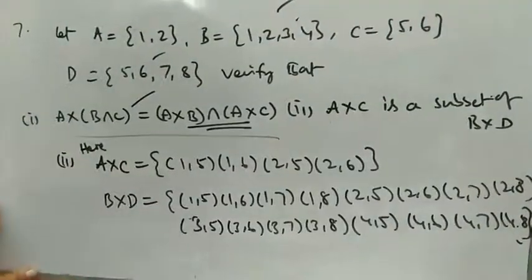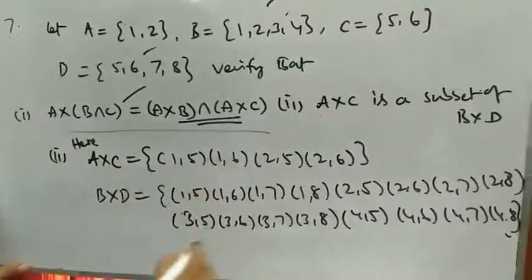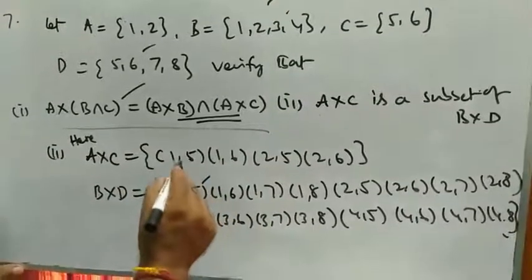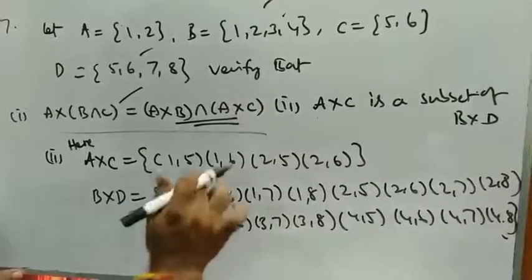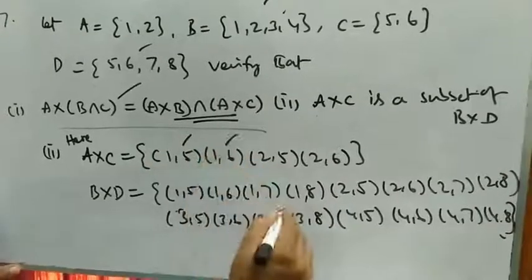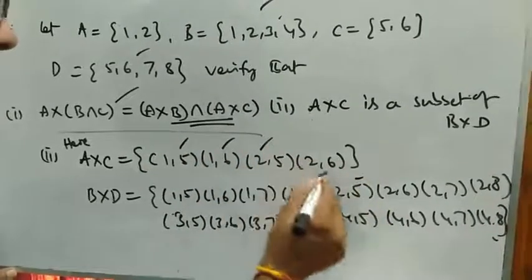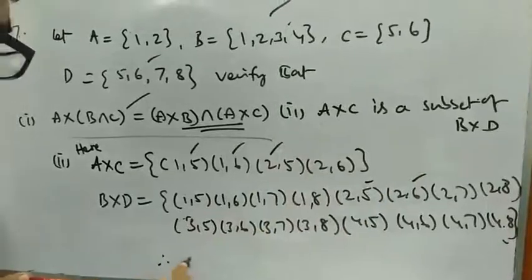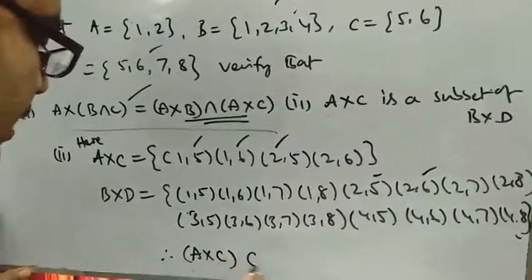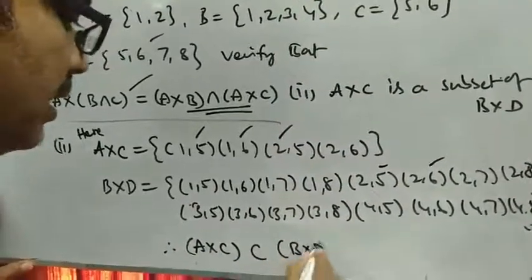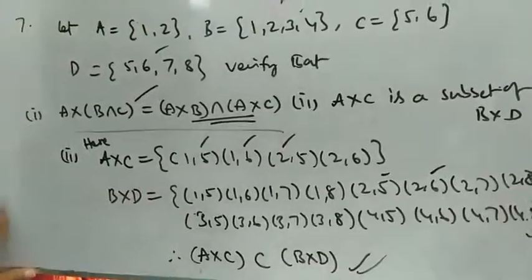Can you observe that A cross C is a subset of B cross D? (1,5) is there in this set, (1,6) is there, (2,5) is also there, (2,6) is there. Therefore A cross C is a subset of B cross D. So hence the second result is also verified.